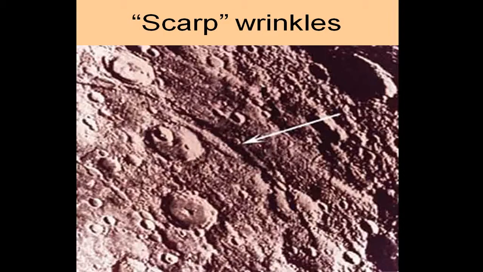Here's a look at the scarp wrinkles, and basically this is the idea of a somewhat molten planet in which the interior cooled faster than the crust, and hence you've got this crust that's cooling with this inner part cooling, and it's kind of wrinkling on itself.